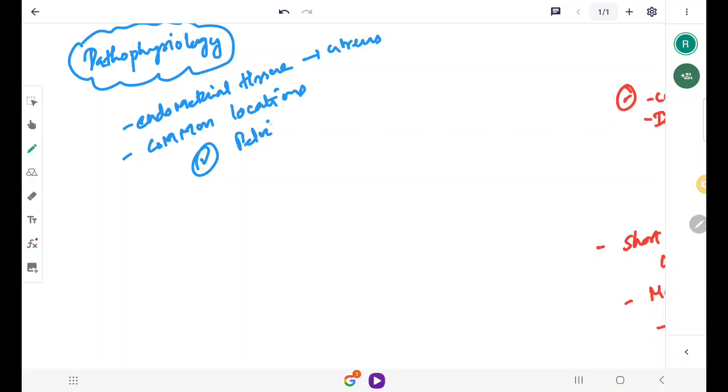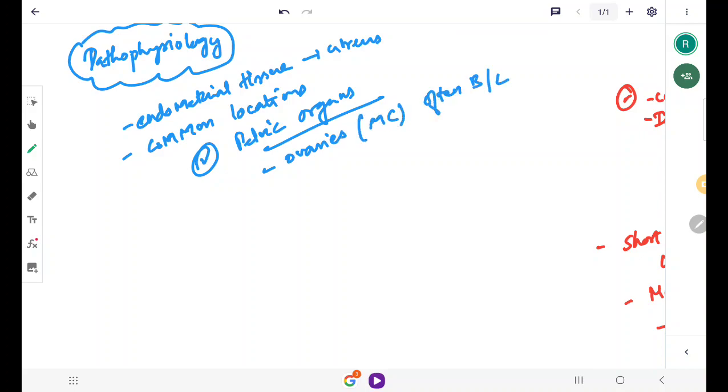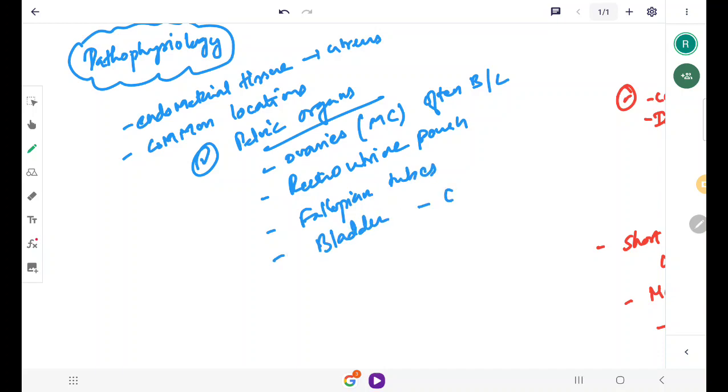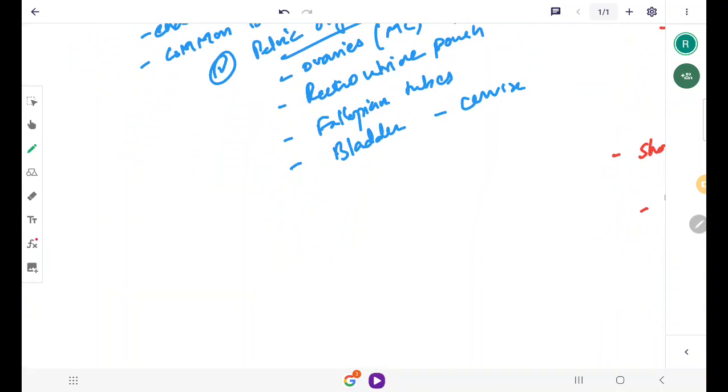We'll speak about the possible pelvic organs: ovaries, which is the most common location and is usually bilateral, the rectouterine pouch, fallopian tubes, bladder, and cervix, and also the peritoneal cavity, and extra pelvic organs as well.